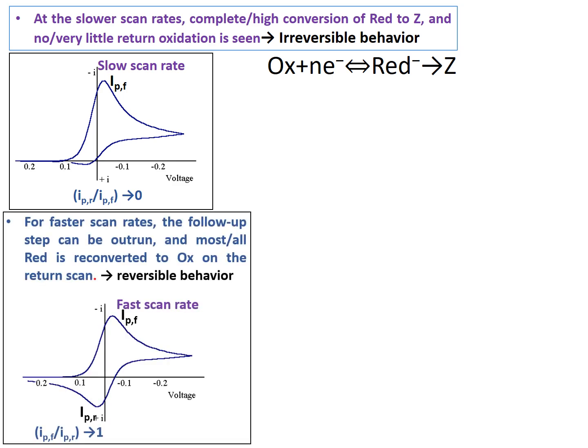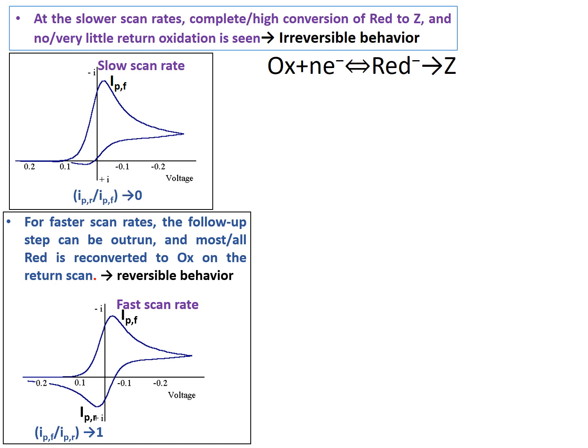The second case is when the scan rate is very fast. For faster scan rate, the follow-up step can be outrun. That is, the RED formed in the forward step is available for the backward electron transfer process. Now it will always depend on the value of the Kc.